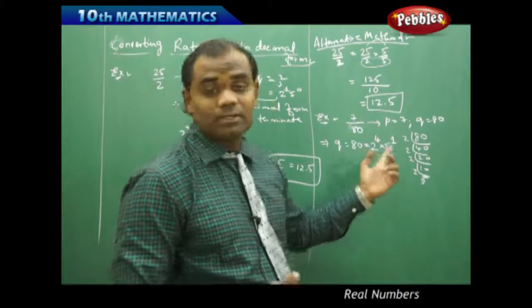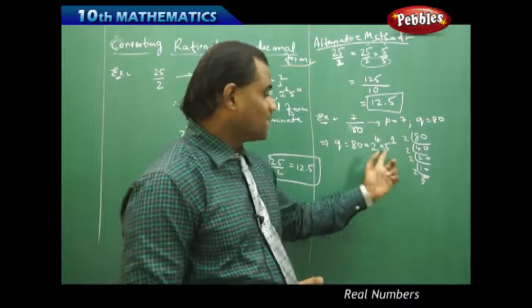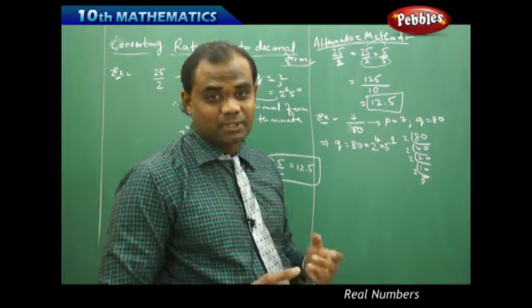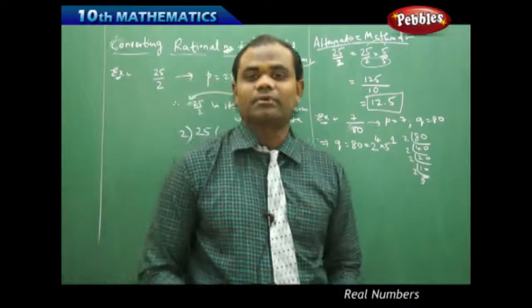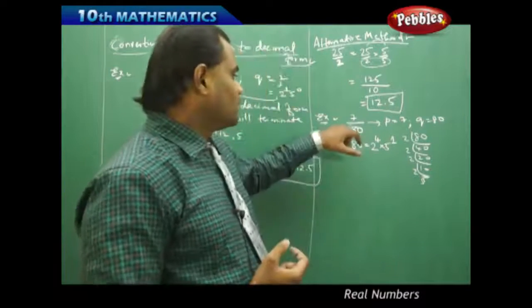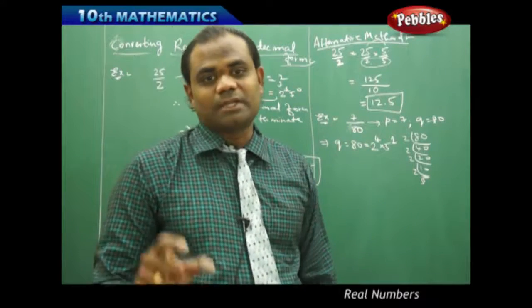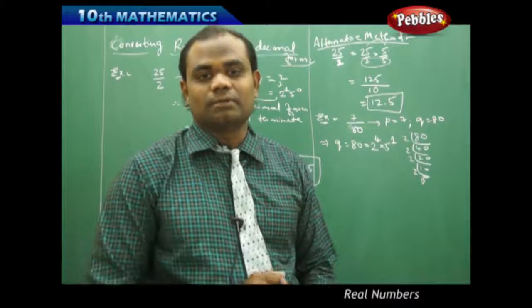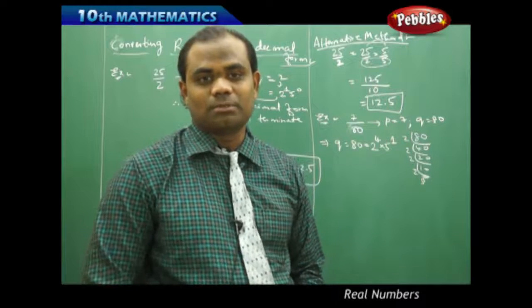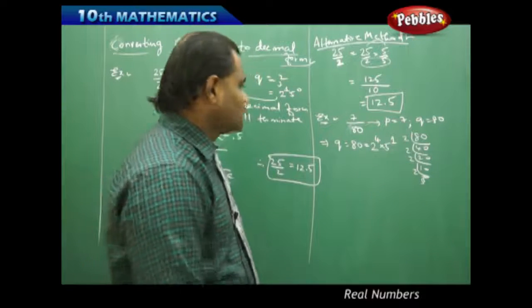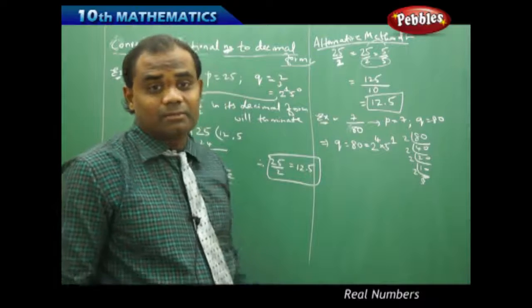Because I can express q in the form 2 power n into 5 power m, the given rational number can be expressed as a terminating decimal. This is the most important concept supported by the theorem. So let's see what that terminating decimal value is.